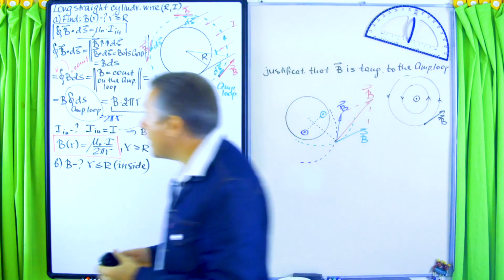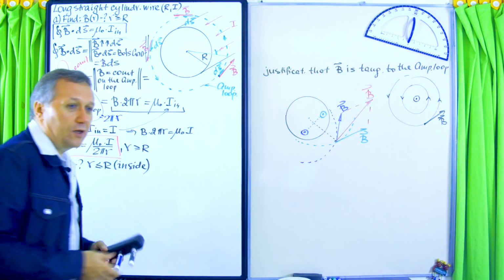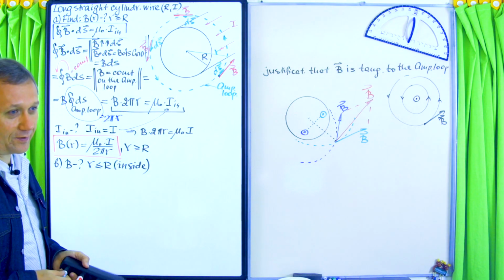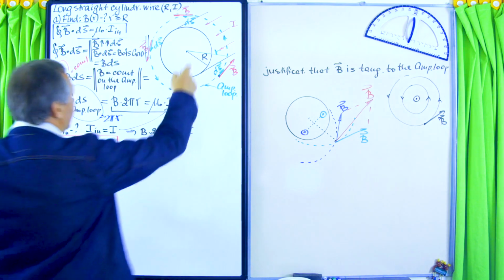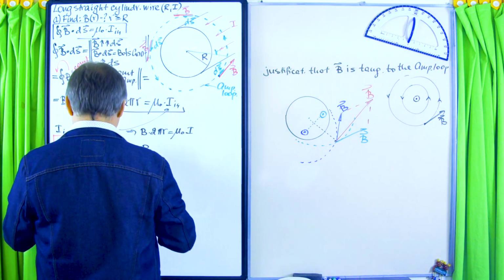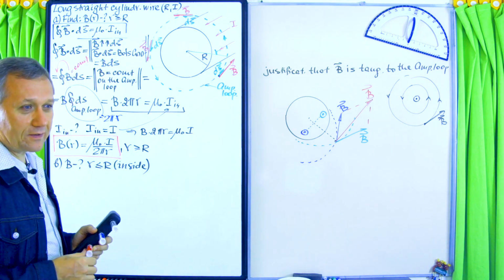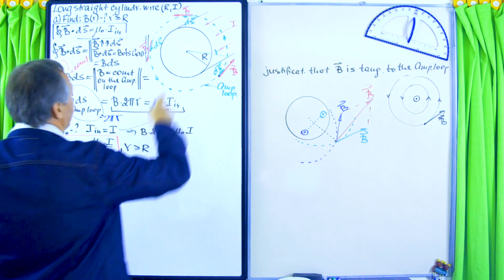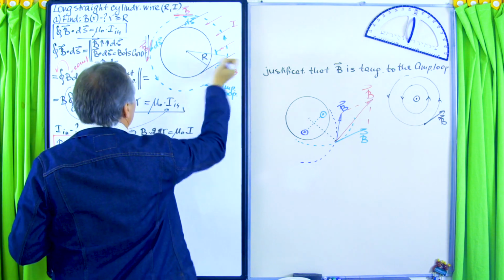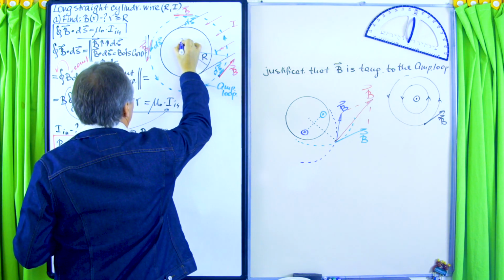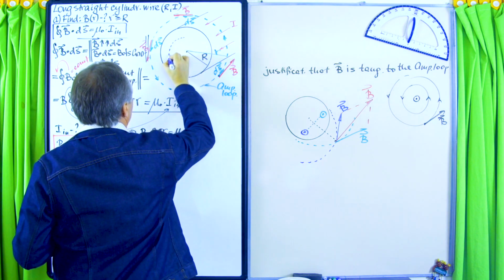And of course, it must be in the region where you want to find the magnetic field, right? You know what? Let me now use blue to show the Amperian loop. I don't want to draw a new picture, so I will recycle the same picture.